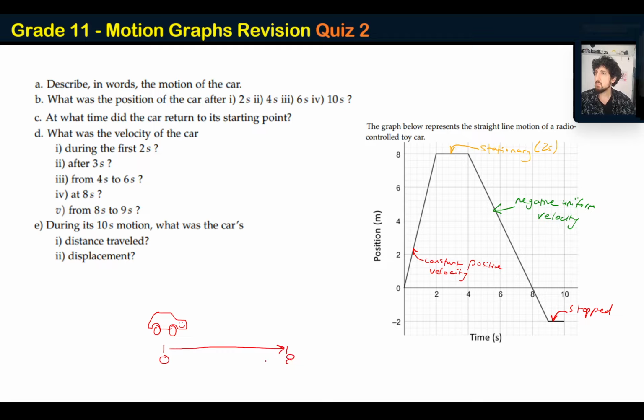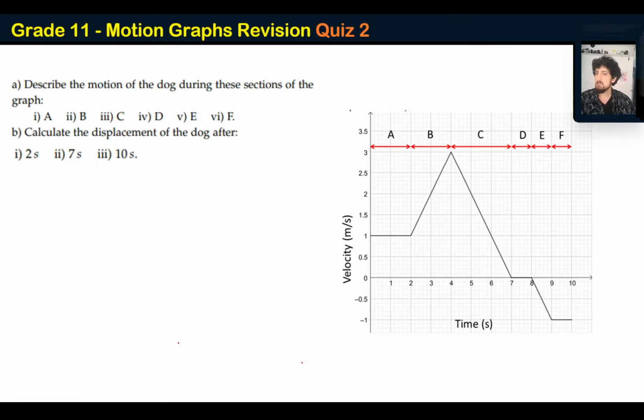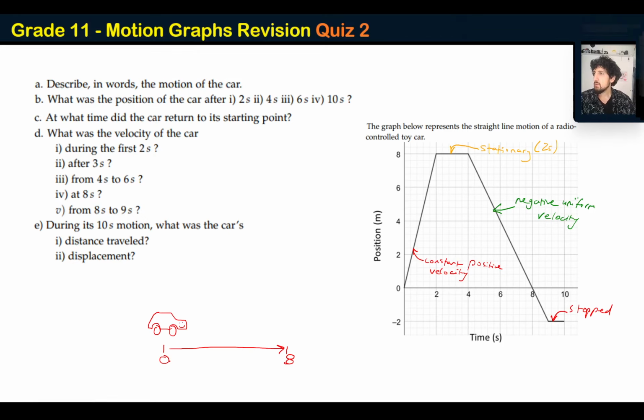So that's 0 meters, and that's 8 meters. And then it stopped there for 2 seconds. That's what the stop sign looks like. And then it went back all the way here to -2 meters, and then it stopped for 1 second.